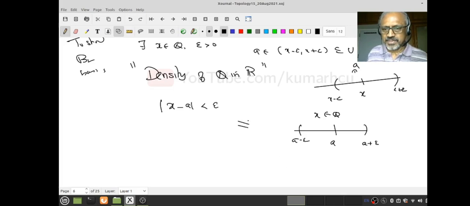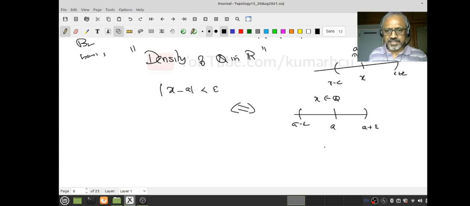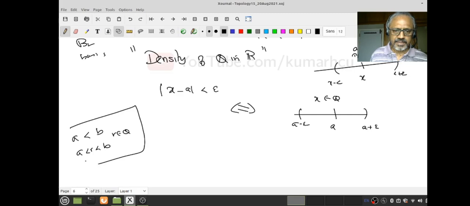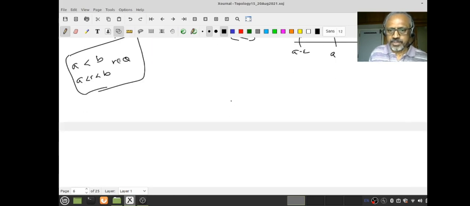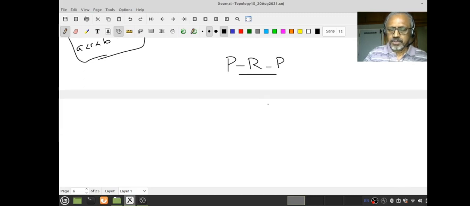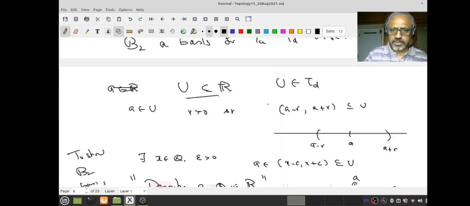This is the same as saying this: I want to find a rational number in the interval (a minus epsilon, a plus epsilon), but that's exactly density of rationals. Density of rationals says, given any two real numbers a less than b, there is a rational number r so that a is less than r less than b. So from that it follows. So this is B2.